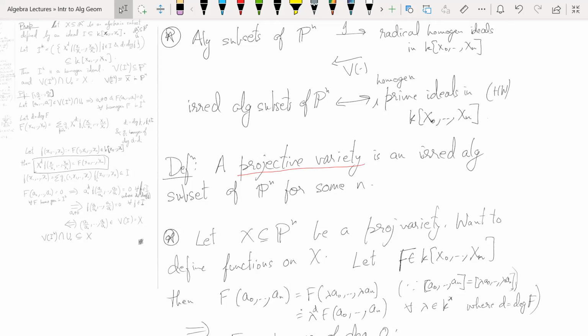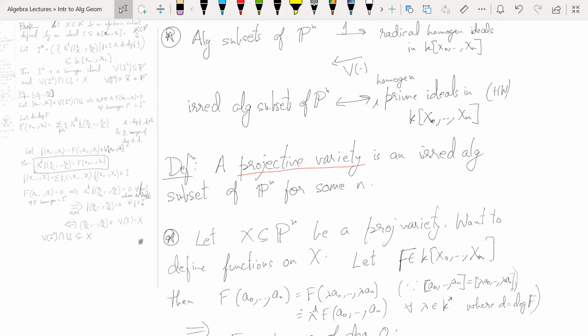In other words, given a projective variety, it can have many homogeneous coordinate rings depending upon how you embed it. An affine variety also can be embedded in various ways. Say you are given an affine curve, you can try to embed it in A2 or A3 and so on.